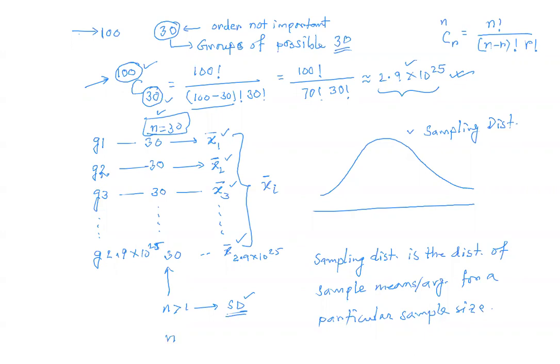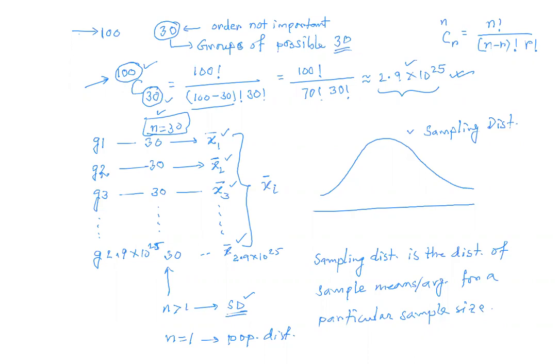But if your sample size is exactly 1, then you're actually looking at the population distribution. When your sample size is 1, you're looking at the population distribution.